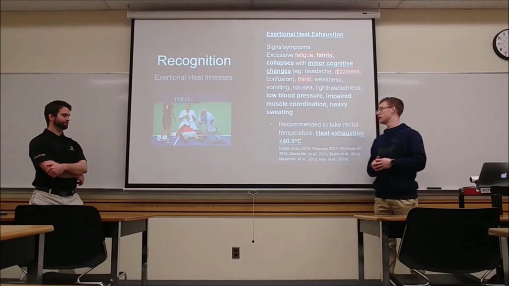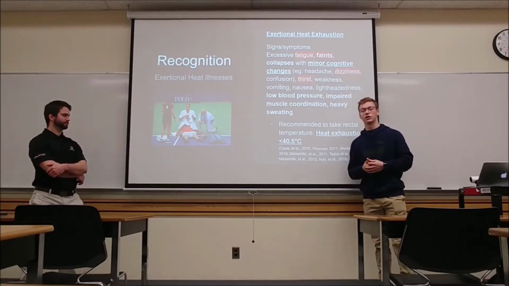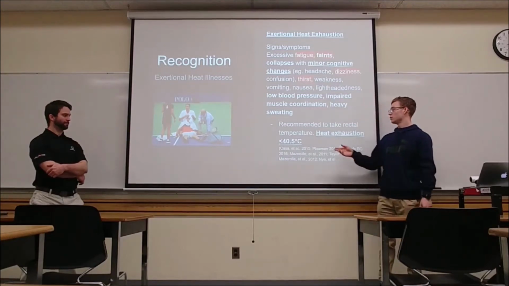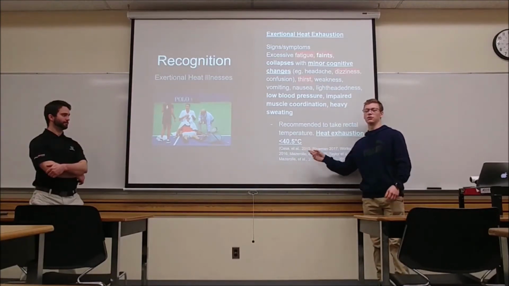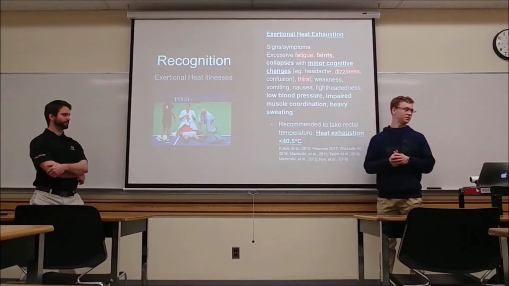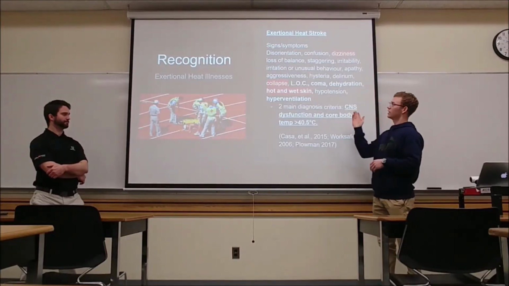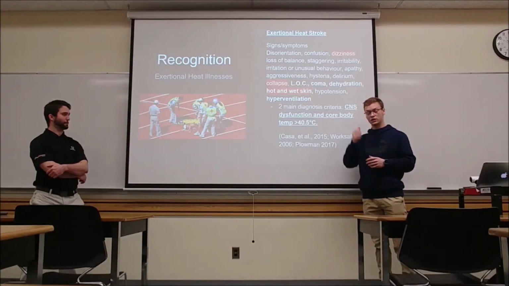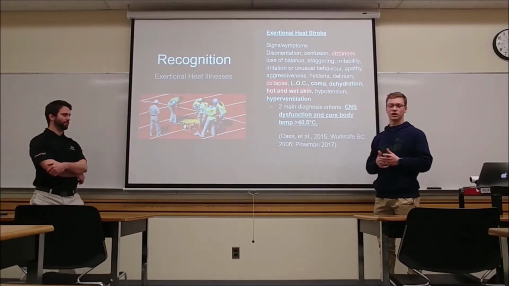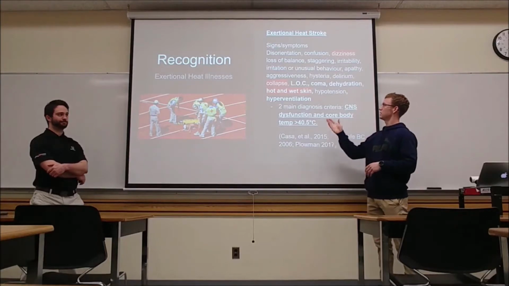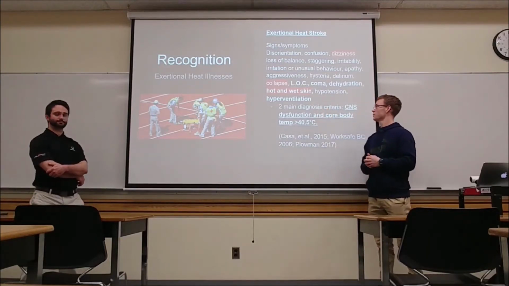But the main difference between exertional heat exhaustion and exertional heat stroke is a core temperature that is less than 40.5 degrees Celsius. So for exertional heat stroke, again highlighted in red are some of the characteristics that were present in our case study: dizziness, collapse, hot and wet skin.